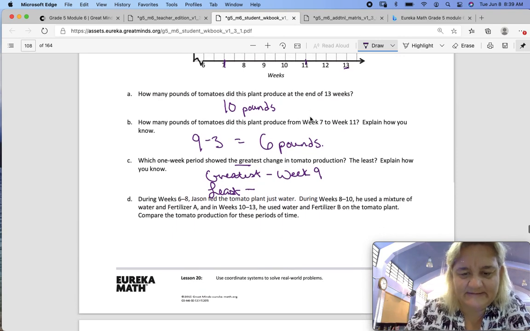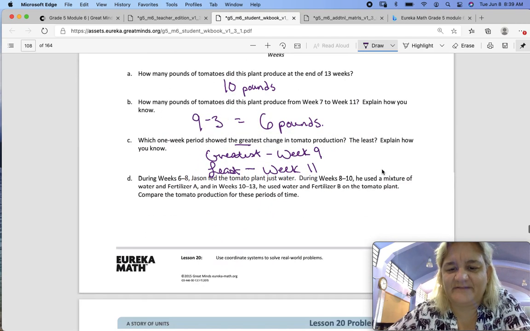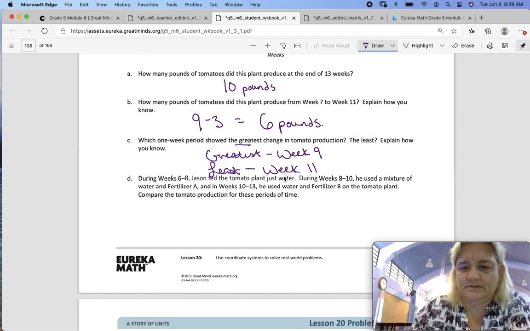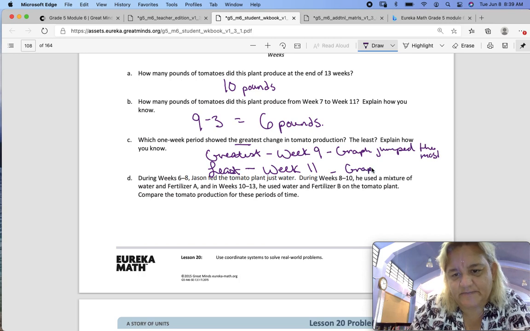Poor plant. Week 11. And how do we know? Well, we know because the graph didn't change. So here, how do we know the graph jumped the most? And here, the graph didn't change.